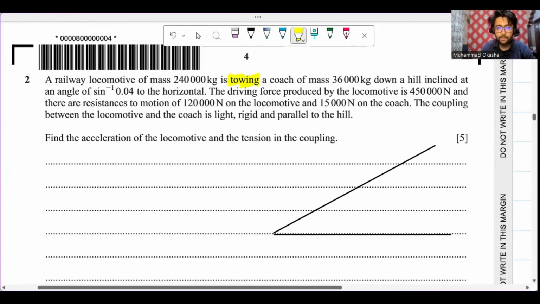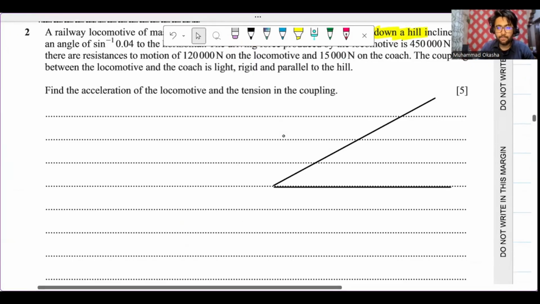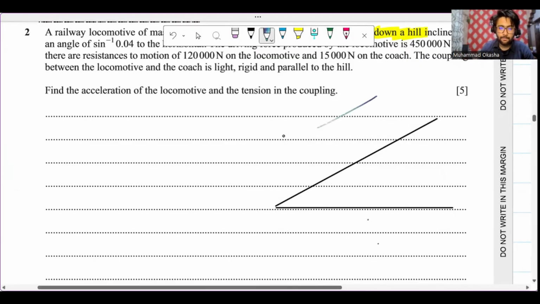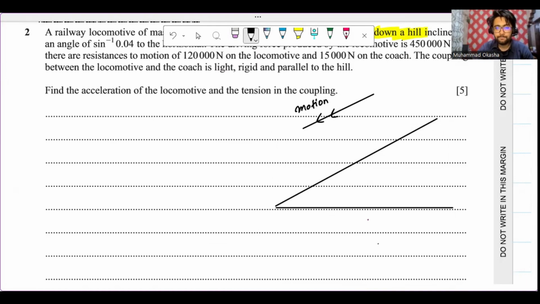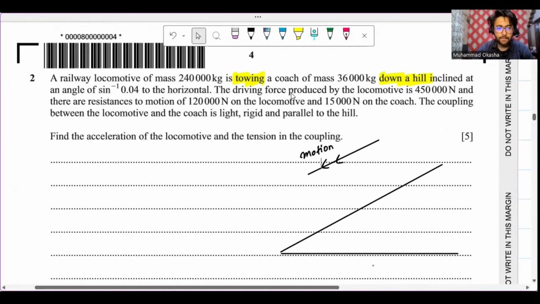It is towing down a hill, which instantly tells me that the direction of motion is going to be down the hill. This is the direction of motion. We have two bodies, a railway locomotive, and that is towing a coach.